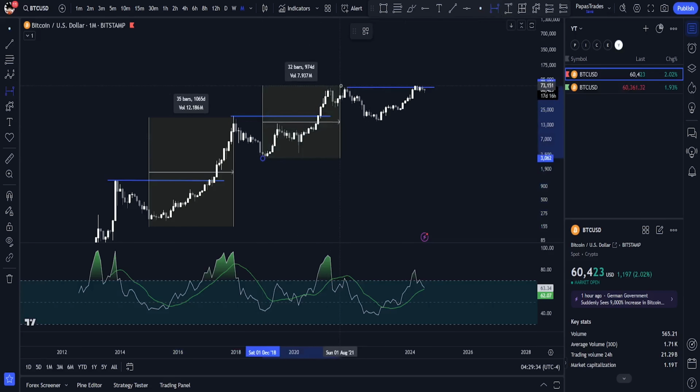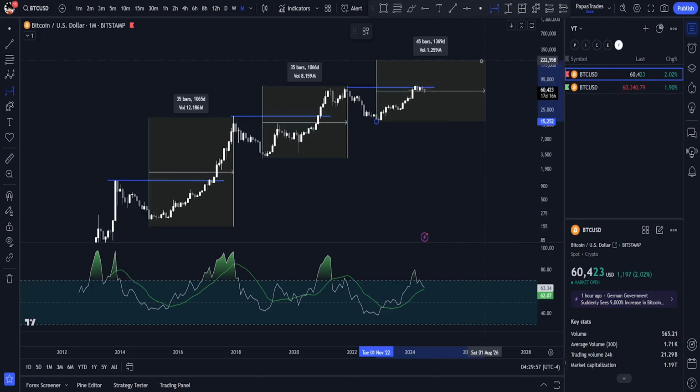It has taken roughly 1,066 days to make the high, which is interesting because these cycles have literally mimicked each other from the bottom to the top perfectly in terms of time frame. So if history was to repeat itself, we could see Bitcoin topping out at roughly 1,060 days, which takes us to October 2025.